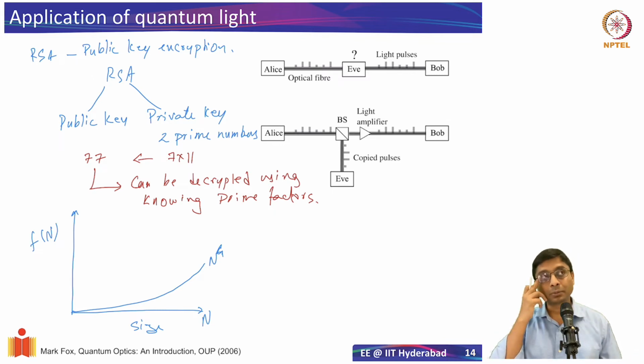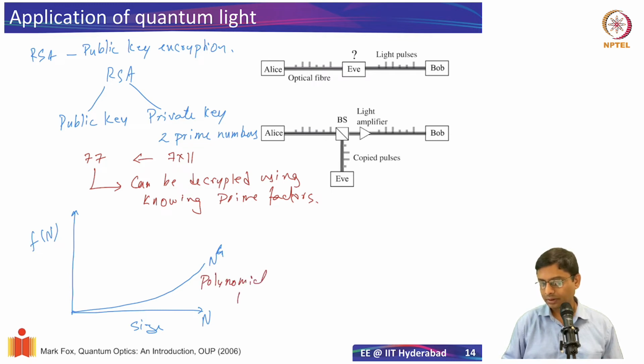Something like n power 4 is polynomial time. If the problem becomes slightly more complex, the solution becomes slightly more complex. That is a polynomial time problem.